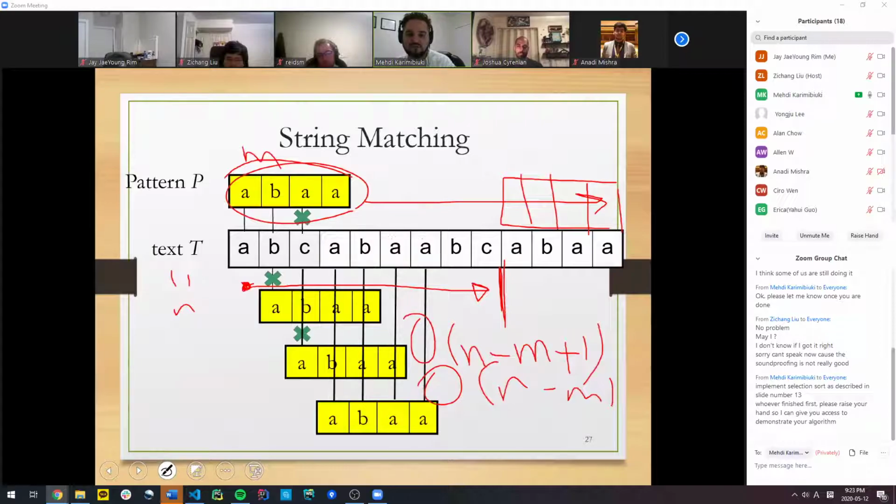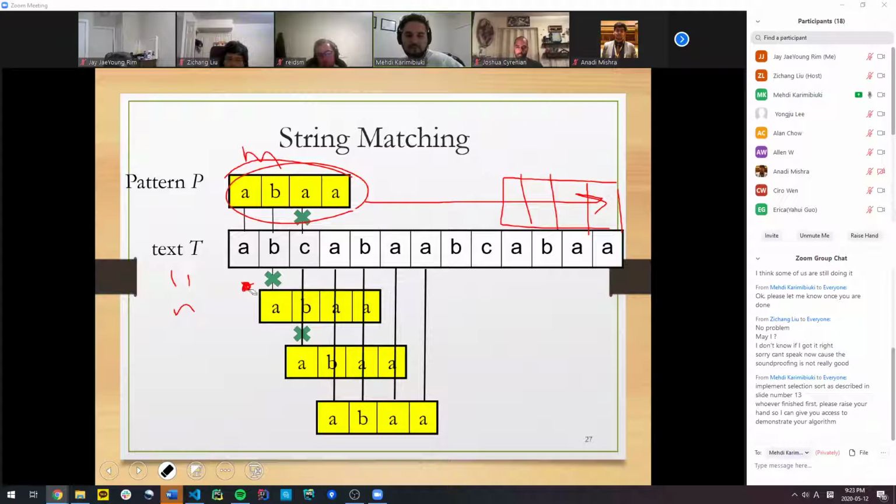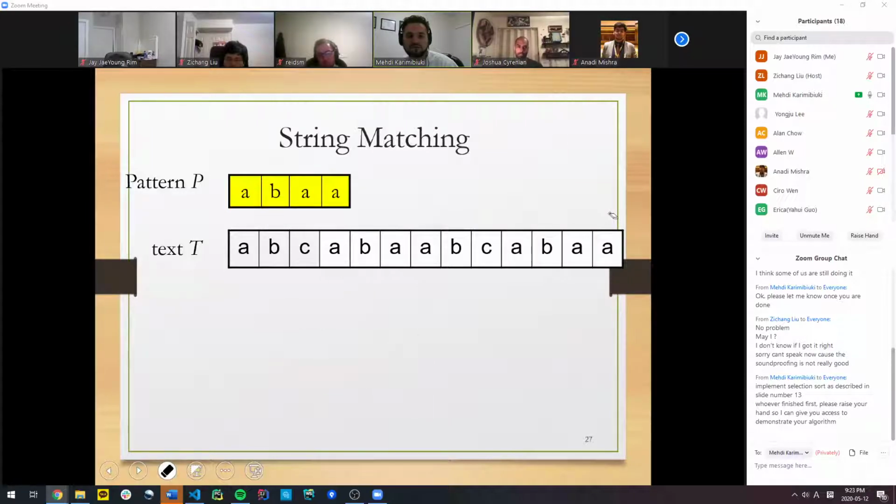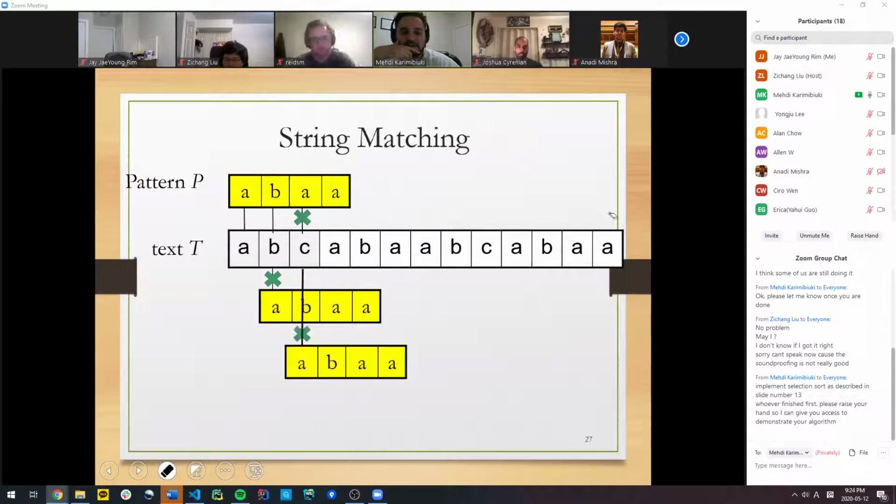So what we've done here is essentially we align it like that. We compare one by one. If we see a discrepancy, we move to the next one in the text until we see a match.